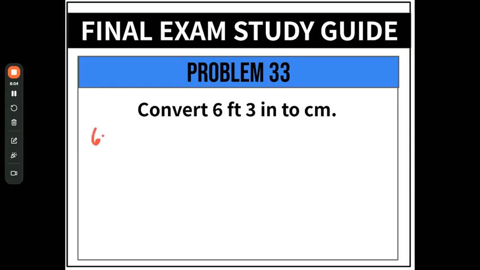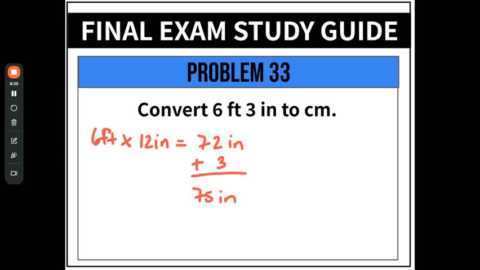So we've got the 6 feet, and we know that there are 12 inches in 1 foot. So I'm going to multiply that by the 12 inches to give me 72 inches. In addition to the 6 feet, I've also got 3 more inches. So I can add that to 3 inches, and I've got 75 total inches.